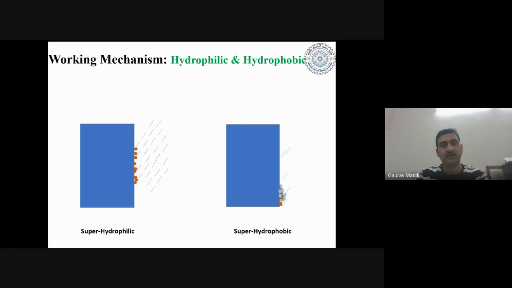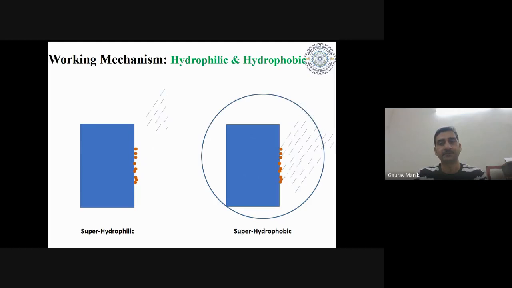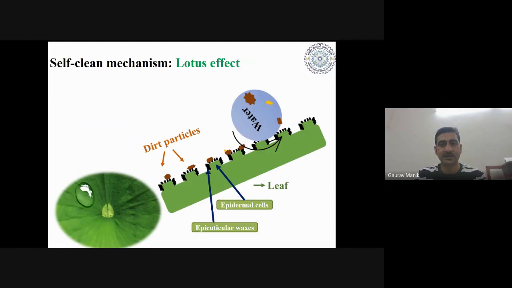Superhydrophilic, the film will go completely in one shot, whereas with superhydrophobic, once rain comes or you wash it, the fluid will bump off as droplets, and it will take away the dirt. So the dirt removal mechanism works nicely with the superhydrophobic. That's what researchers have indicated. And so this is the lotus effect.